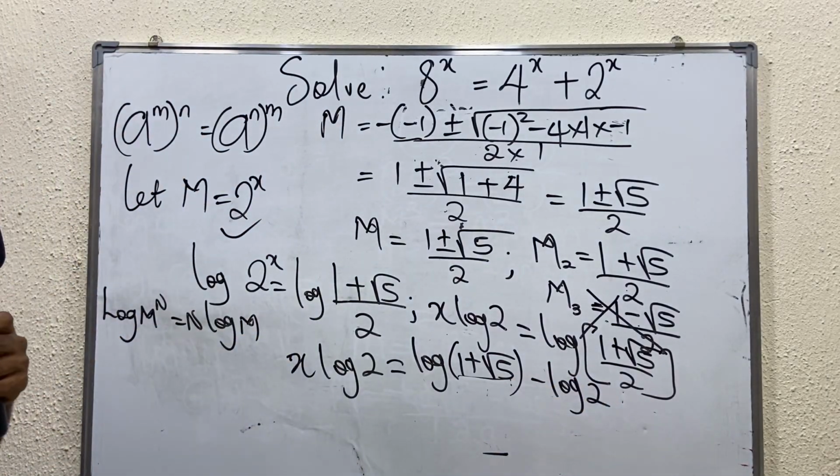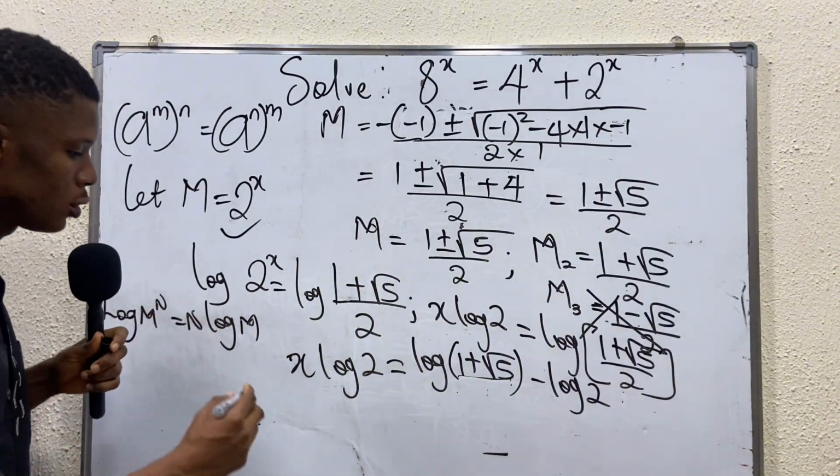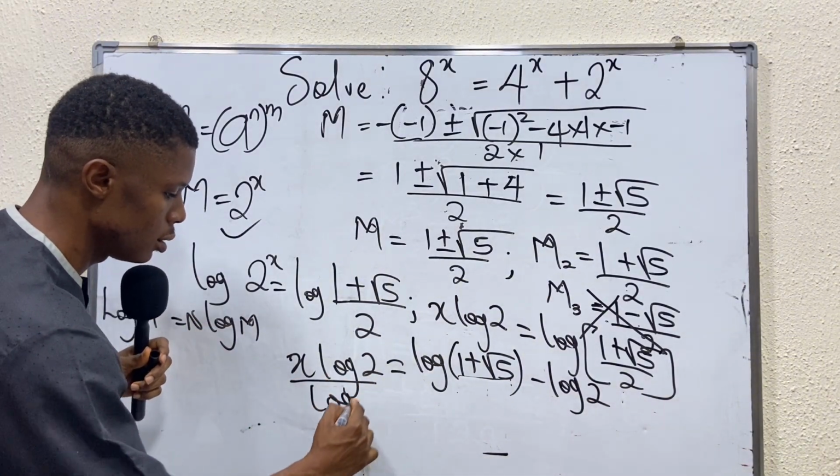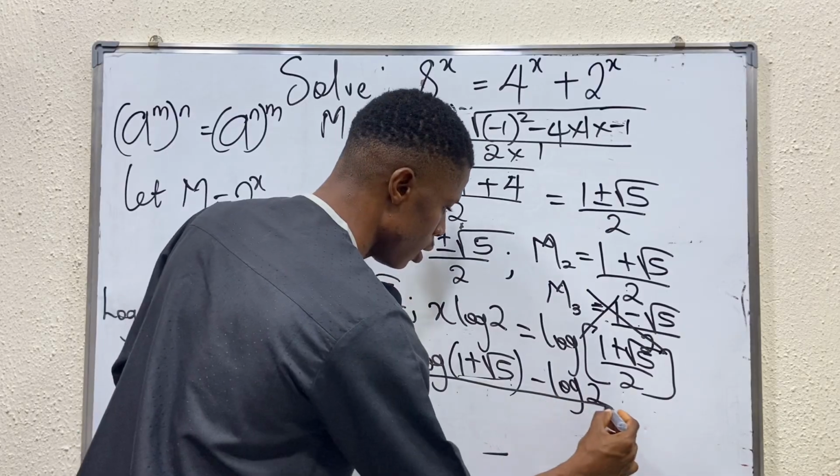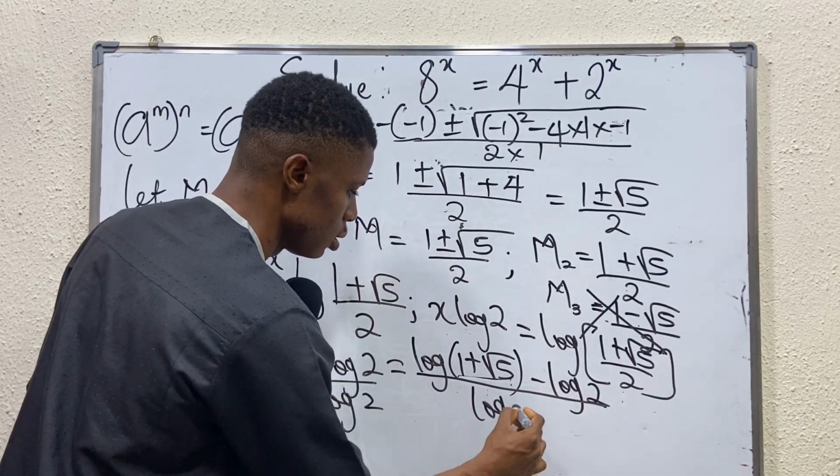So the next thing we do is to divide through by log 2. Divide through by log 2.